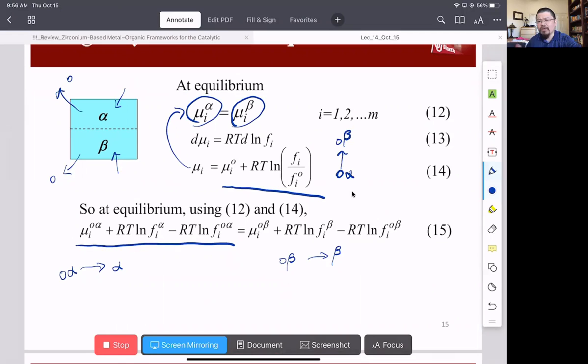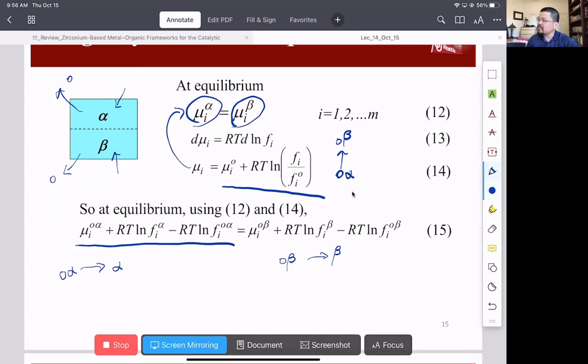Think about why we have two different standard states. Why not have them come from the same uniform standard state? Any thought on this? Is it because it's two different species or whatever?